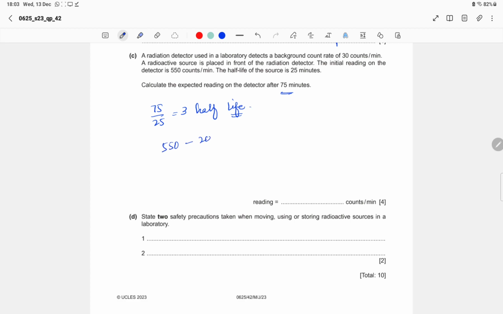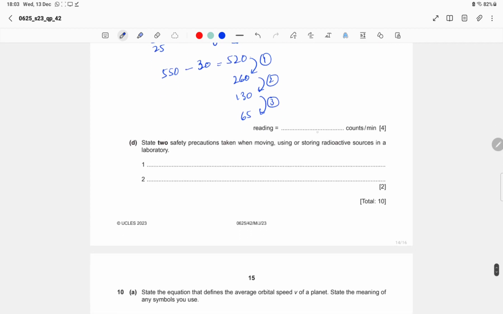You have to subtract the background radiation, which is 30, so it's going to be 520. Half of 520 is 260, then its half is 130. This is the first half-life, this is the second, and this is the third, which is going to be 65. So you have to simply reduce that by half.